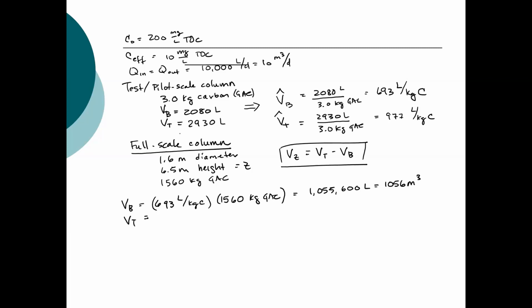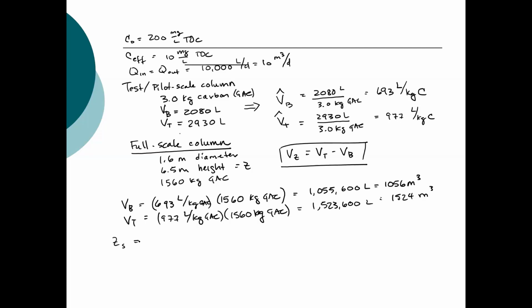The volume throughput is the 977 liters per kilogram of GAC times the mass of carbon in the column, and that is equal to 1,523,600 liters, or 1,524 cubic meters.